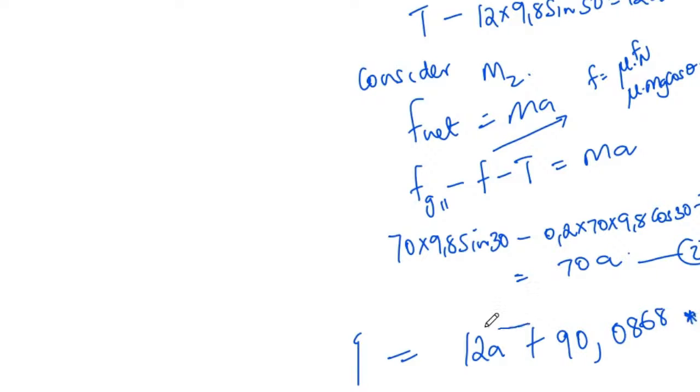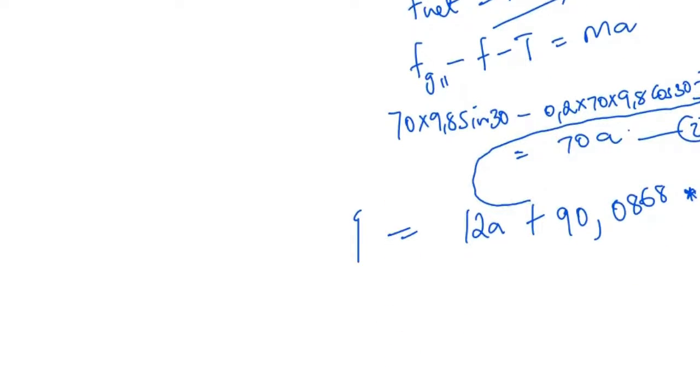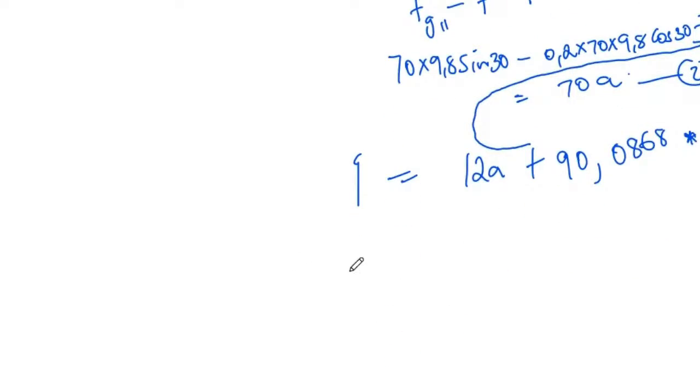Then I'm going to replace the T with this. 70 times 9.8 sine of 30 gives 343, minus the frictional force, 0.2 times 70 times 9.8 cos of 30, which gives 118.819.